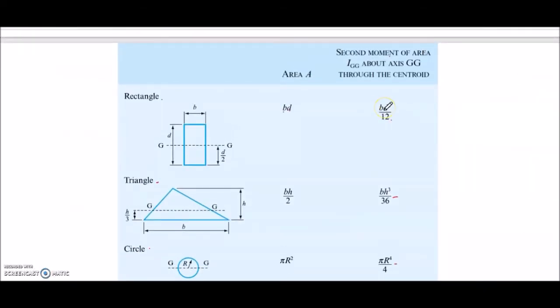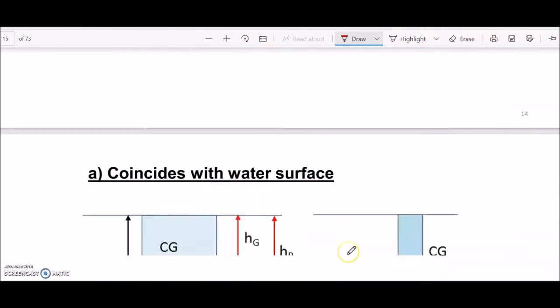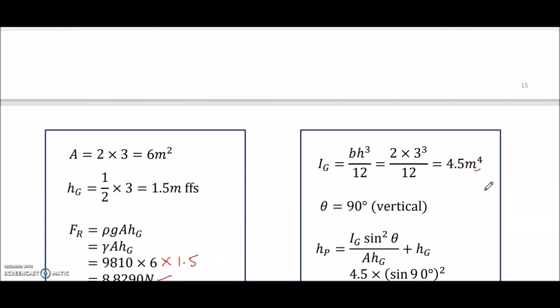For the rectangular, the second moment of area is B times D to the power of 3 over 12. So we just put in B and the depth, to the power of 3 over 12. So we have 4.5 meters to the power of 4.